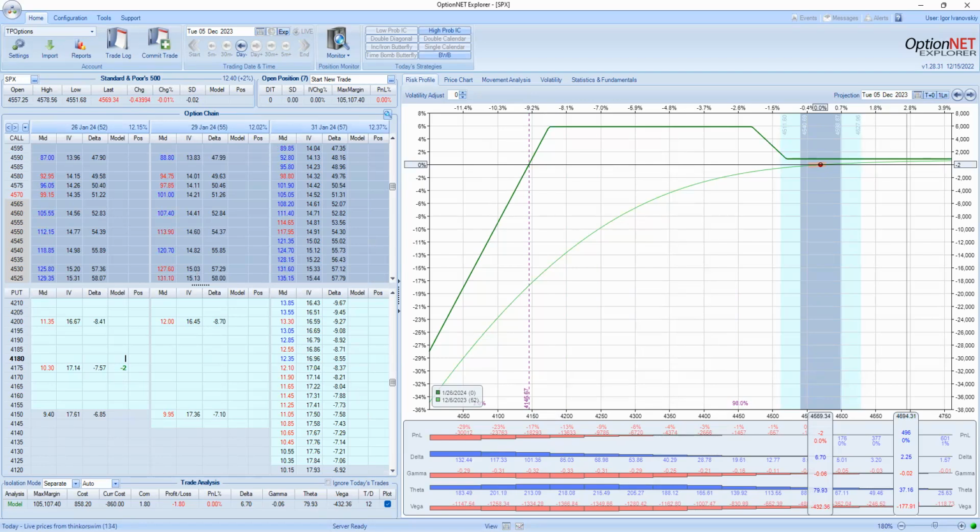Mark is saying there are many more strikes available at 57 DTE than 52 DTE, which is totally fine. Again, if you want to go to 57, there's no one out there saying that 52 is that secret number.